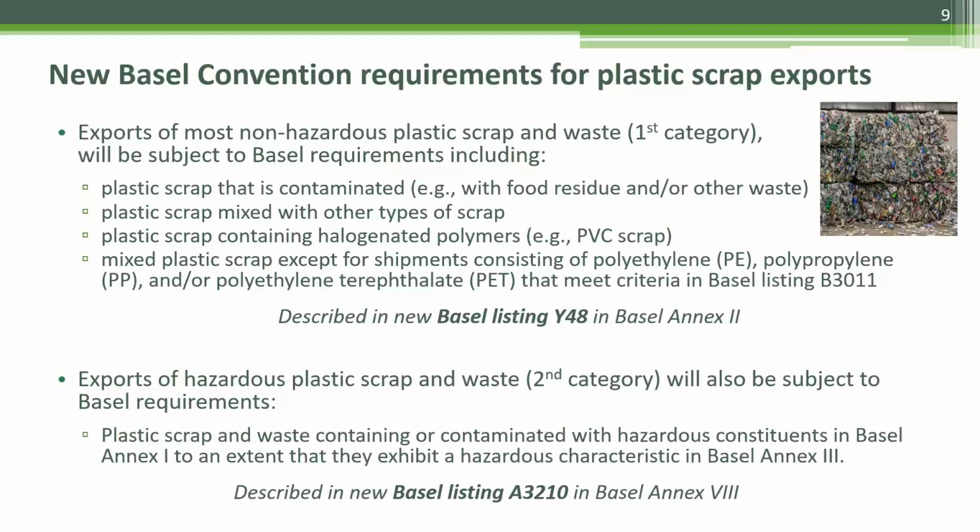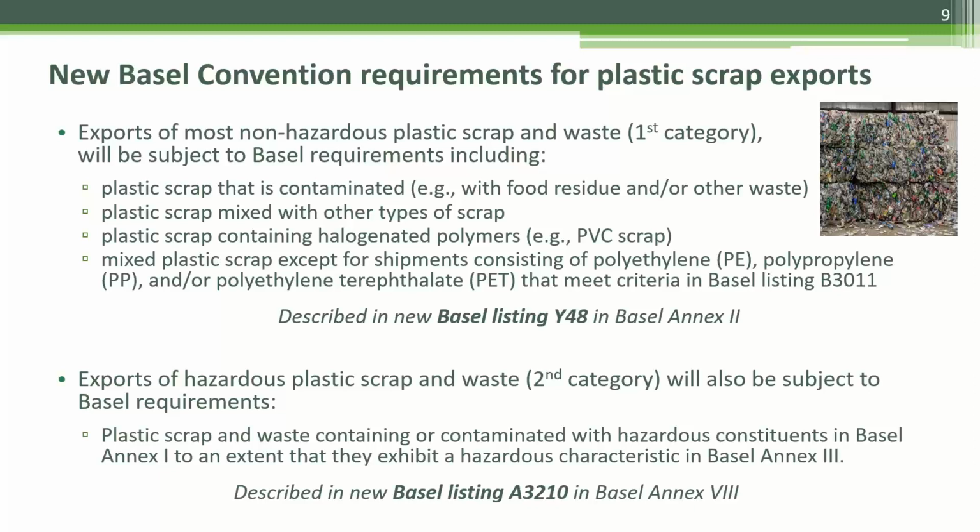The first category covers most non-hazardous plastic scrap and waste, including plastic scrap that's contaminated, for example with food residues and/or other wastes, plastic scrap mixed with other types of scrap like paper, metals, etc., plastic scrap containing halogenated polymers like PVC scrap, and then all mixed plastic scrap except for the shipments that contain polyethylene, polypropylene, and PET that meet the criteria I mentioned before in the Basel B3011 listing.